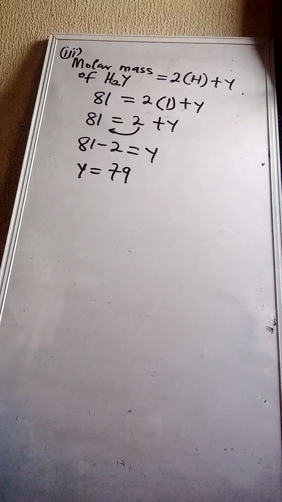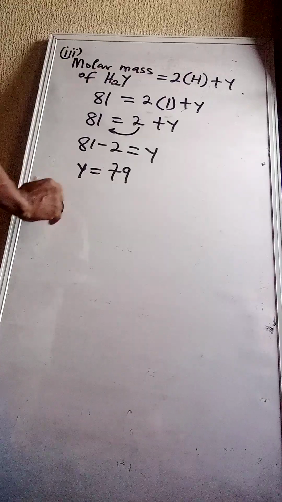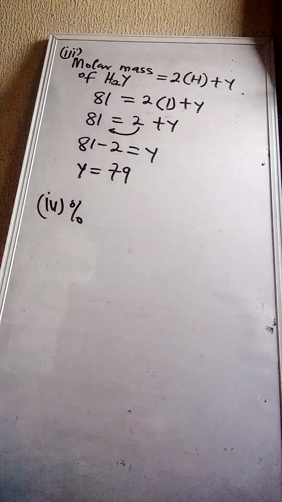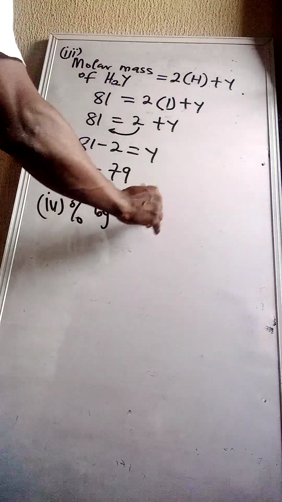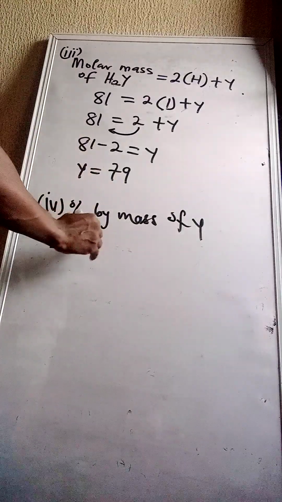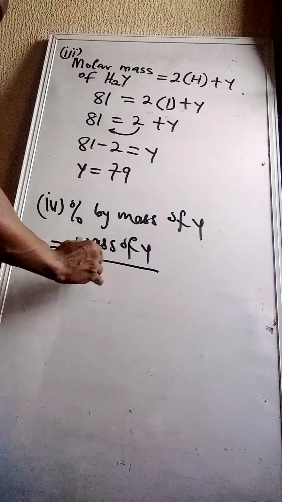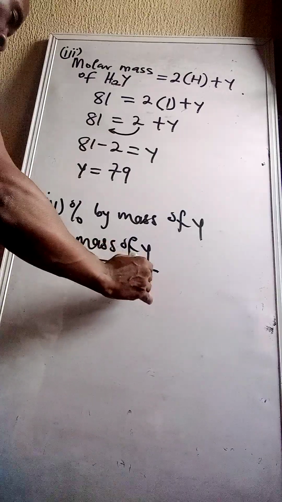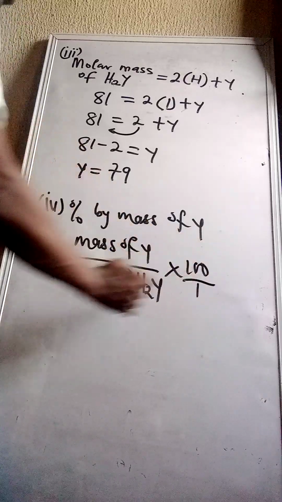Now, finally, to find the percentage by mass of Y. Percentage by mass of Y will be mass of Y over mass of H2Y, because Y is coming out of H2Y, times 100 over 1.